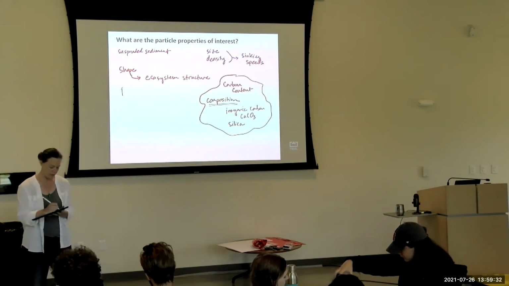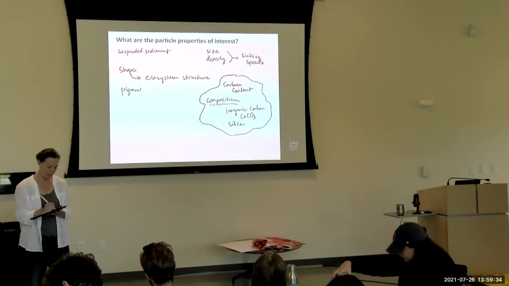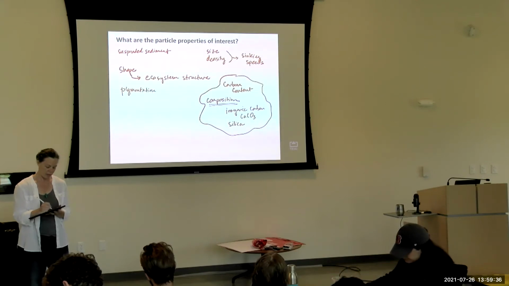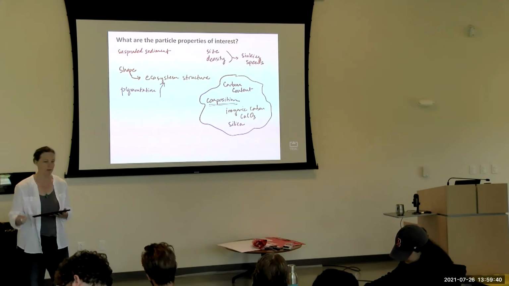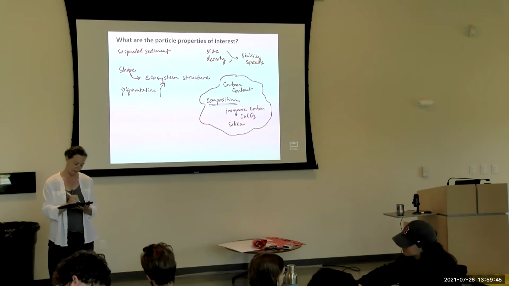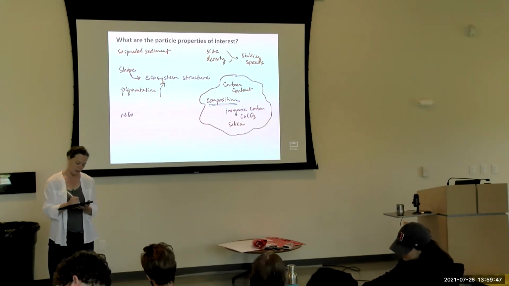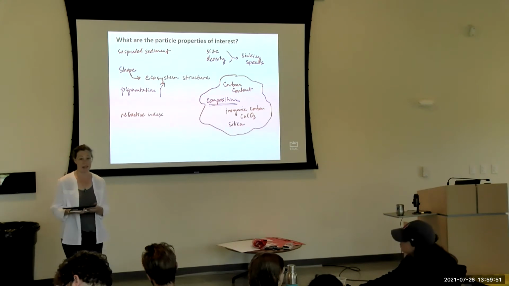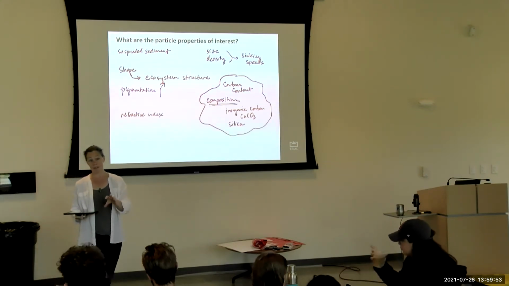Pigmentation. Okay, I'm going to write this over here by ecosystem structure. Pigmentation. Did I spell it right? Yes. Okay. Refractive index. So refractive index is one of those things that we might care about for its own sake.